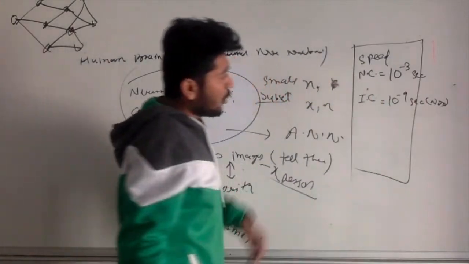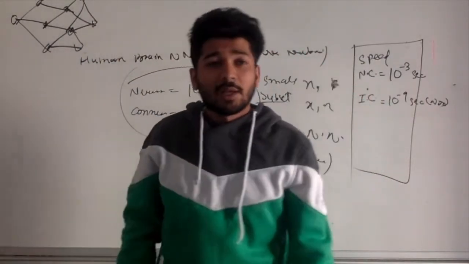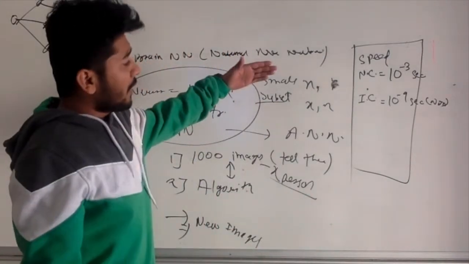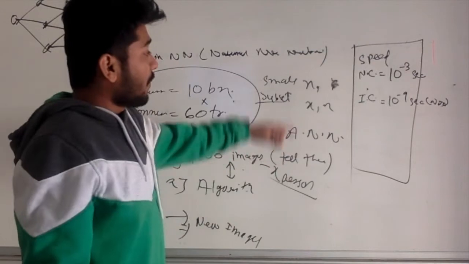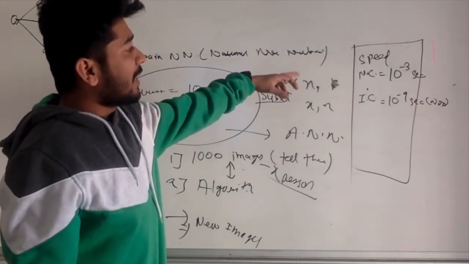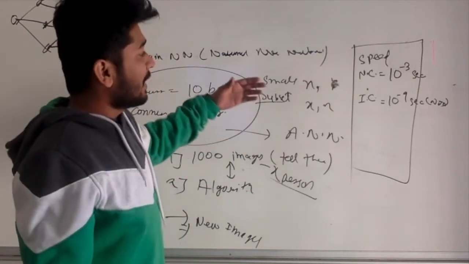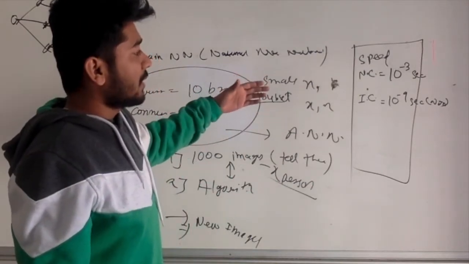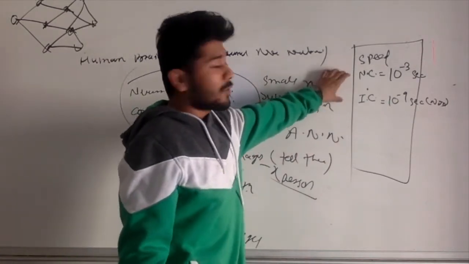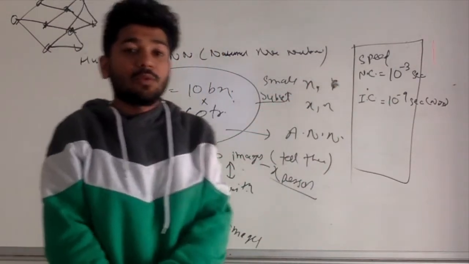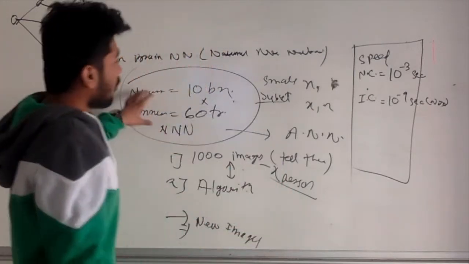So even though the speed of the human's information processing cells is lower than that of electronics, significantly less, about 6 orders of difference in processing capacity, still we are able to perform the task more accurately and quicker. The reason being the complexity.